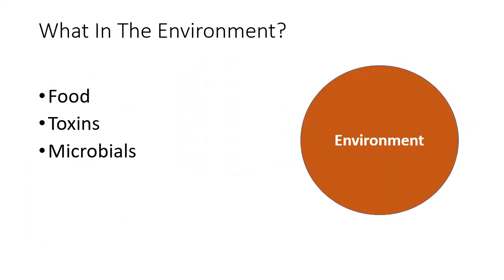Let's look at the things in the environment that initiate an autoimmune condition, that cause immune dysfunction and resulting autoimmunity. First is foods. Foods are identified by the immune system as foreign, and the immune system can react to foods.